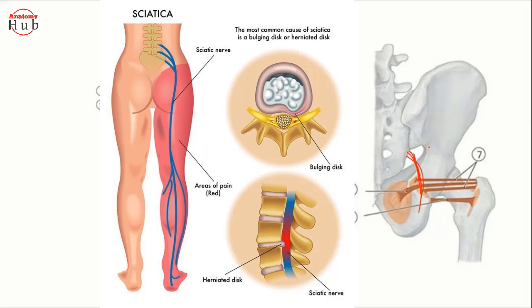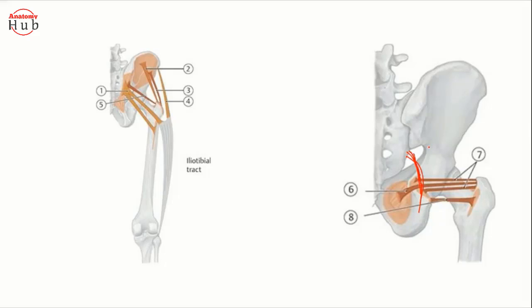But piriformis syndrome means any spasm, unnecessary contraction, or fatigue of the piriformis muscle, or any pathological events occurring to this piriformis muscle, will irritate the sciatic nerve, but mainly it irritates the common fibular nerve, or you can say the common peroneal nerve. Both are the same name used for the one nerve, okay.